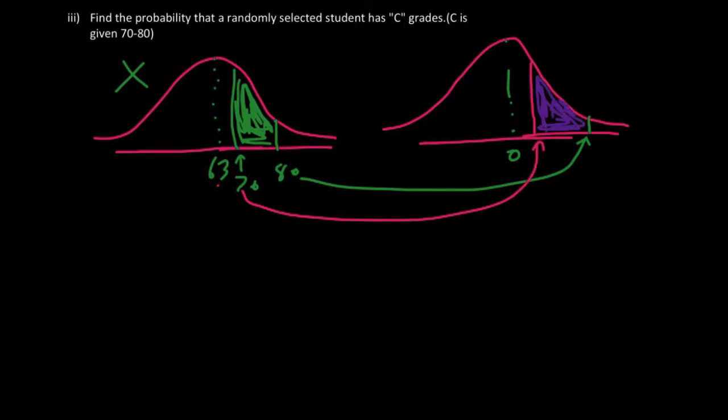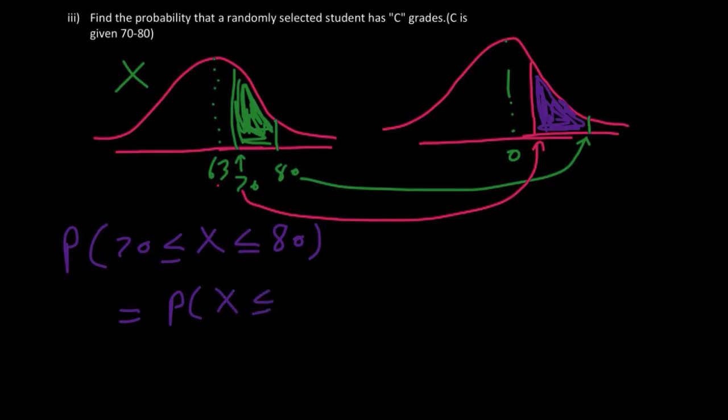We need to find this area. Probability 70 x 80. So once we have this 70 to 80 range, first we write down the big number first, like this 80, and then the smallest one, x less than or equal to 70.